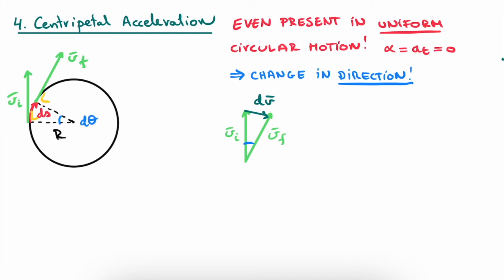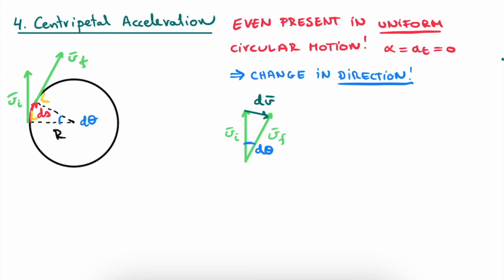And because both of these angles are 90 degrees, we know that this angle right here, the angle between this line and this line, will be equal to this angle between these two velocities. So this will also be the angle d theta. And again, this is only the case because both of these tangential velocity vectors are perpendicular to the trajectory.